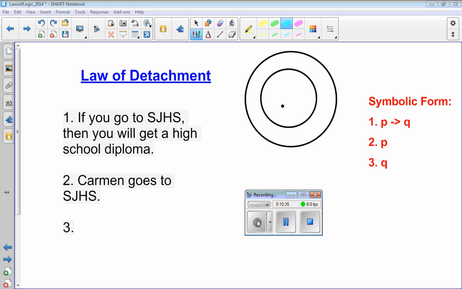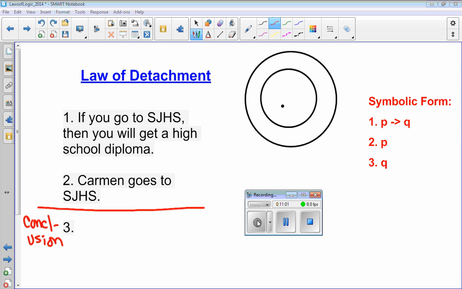The third statement is always going to be the conclusion statement. Sometimes we draw a line, and we just say that this is our conclusion. Okay? So, if you look at your symbolic form, the PQ thing, what kind of a statement do you think we're always going to have as the first one?